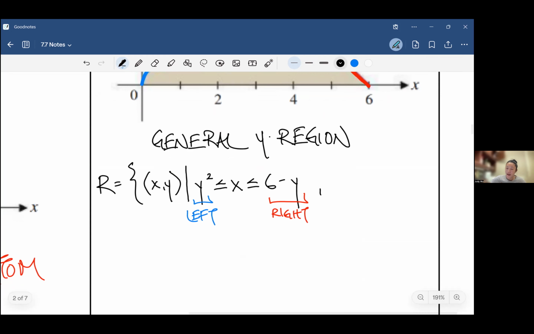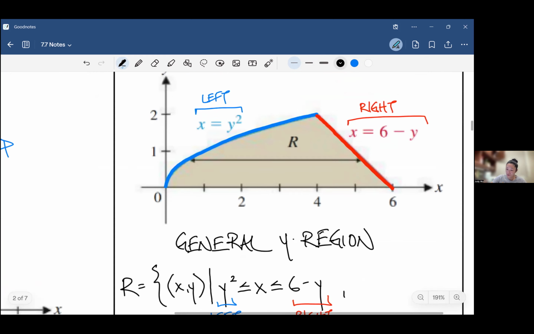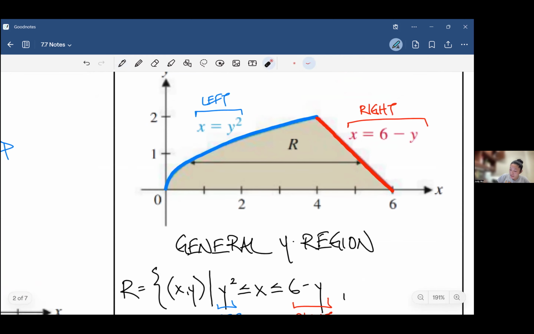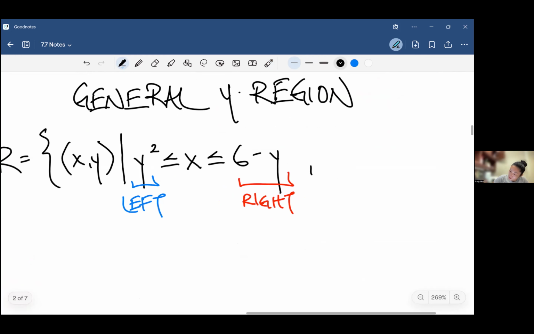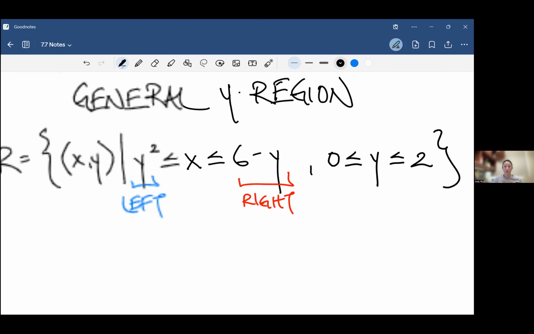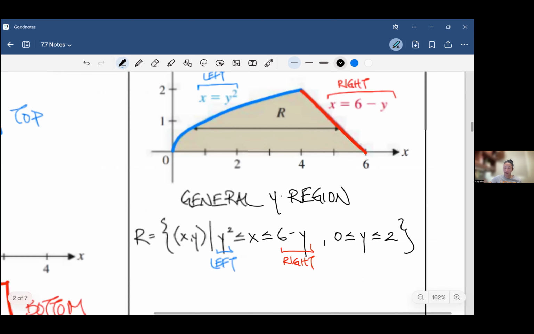And then we have to talk about the numbers for y. So it looks like this tan area starts at y equals 0, and it goes up to y equals 2, okay? So that means that we're going to have 0 less than or equal to y, less than or equal to 2, and we close our squiggly, okay?